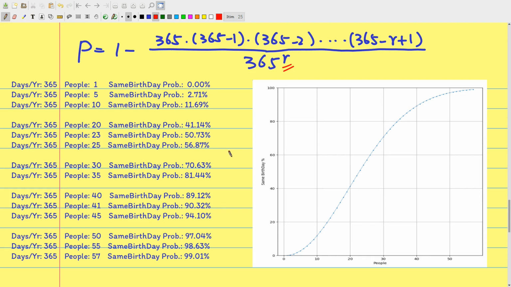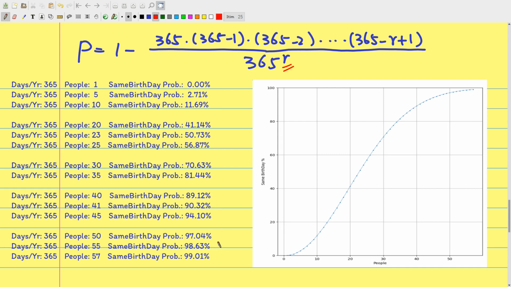For 30 people, 70%. 40 people, we almost get 90%. So if we have more than 41 people in the same room, the percentage will go up to 90%.